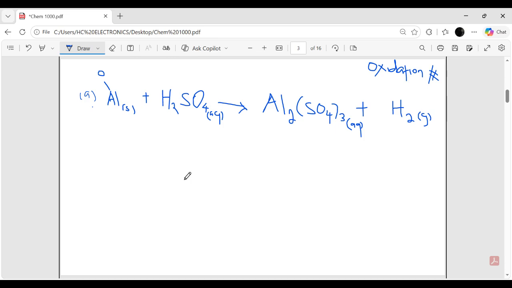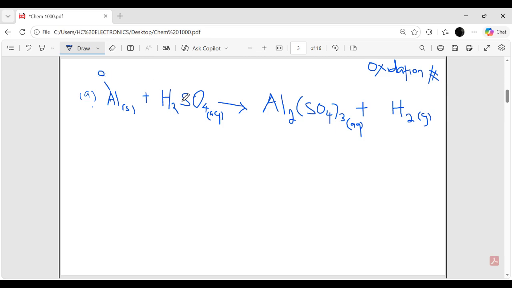Then there are some other elements like hydrogen, oxygen, group 1 elements, group 2 elements, group 7 elements, peroxides. They already have their own oxidation states. Those are the easiest ones to find. So for aluminium, because it is a neutral atom, the oxidation state will be zero.